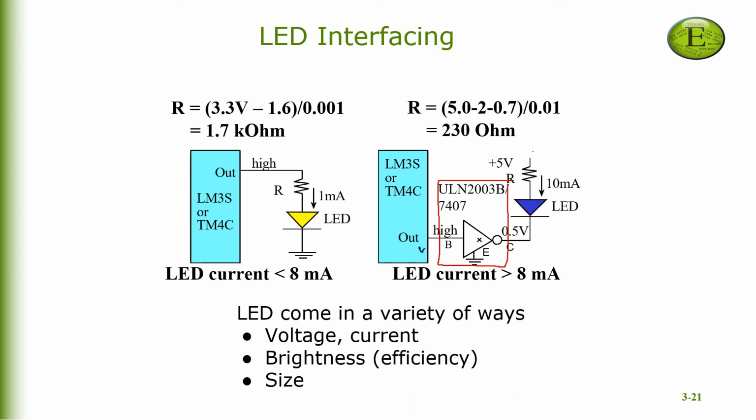So the current enters the LED and it is consumed. It actually goes to the ground, passing through the buffer, and the microcontroller remains safe. However, the microcontroller does need to provide an input to this buffer. This buffer is working in a specific logic, such that when the input is high, then the output is low.